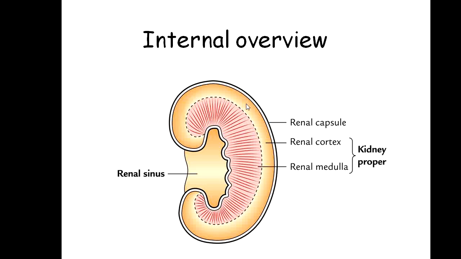Now internally, after the renal capsule, directly starts a part of the kidney called the renal cortex. The renal cortex is just like the rind of an orange, the rind of an apple, or the rind of a watermelon.